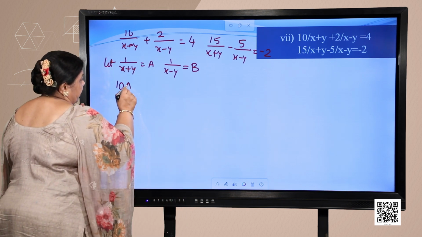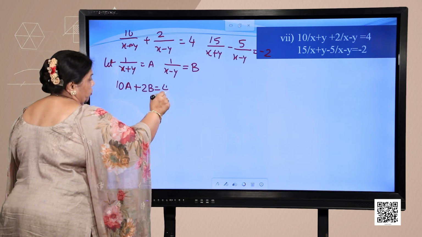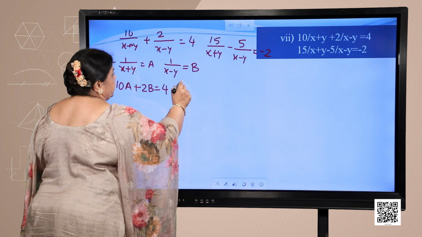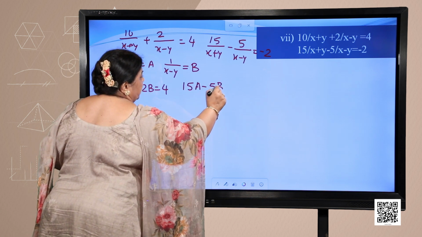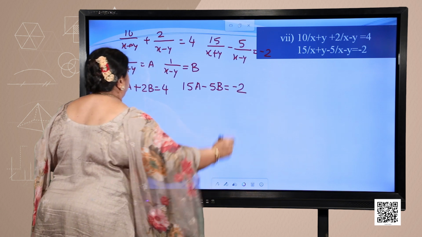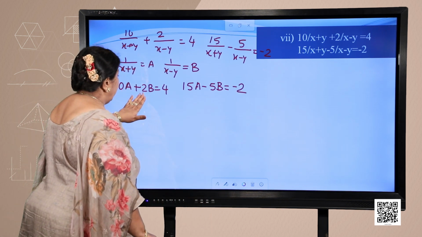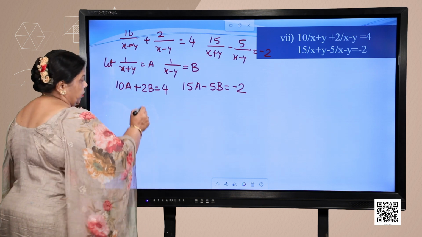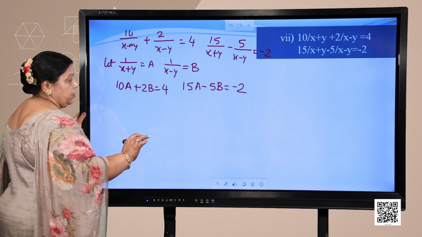They will become 10a plus 2b is equal to 4 and the next equation is 15a minus 5b is equal to minus 2. Just observe, if I multiply the first equation by 5 and second by 2, coefficients of b will become equal.